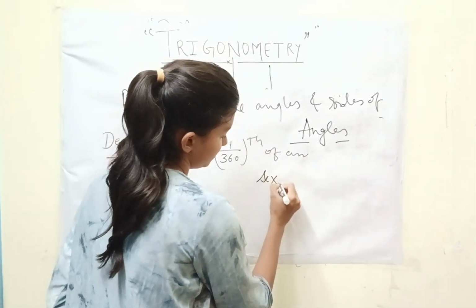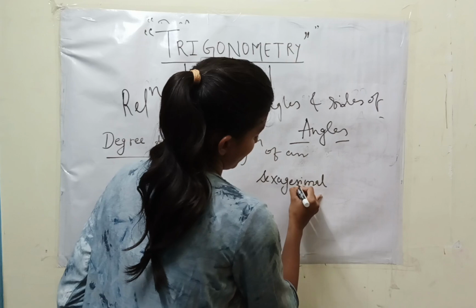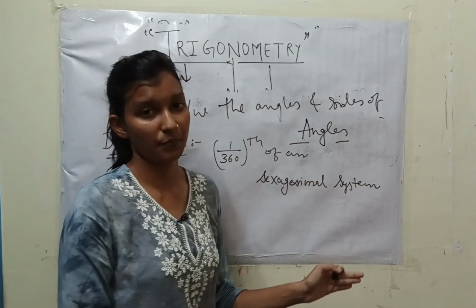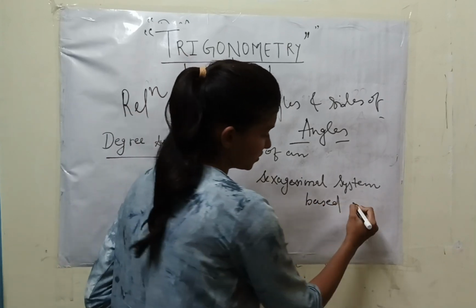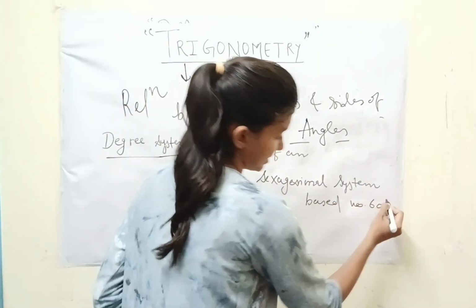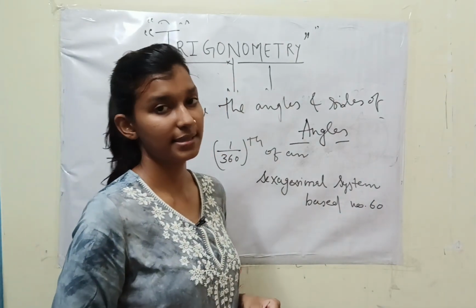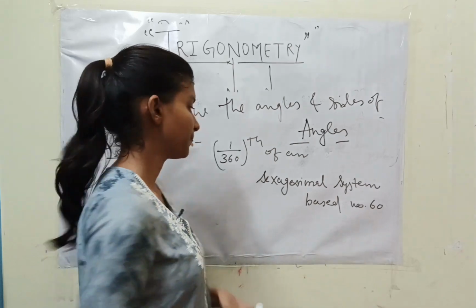Now we can further divide these degree angles in the sexagesimal system. Sexagesimal system is a system which is based on the number 60. Just like we divide 1 hour in 60 minutes, then further we divide 1 minute in 60 seconds.